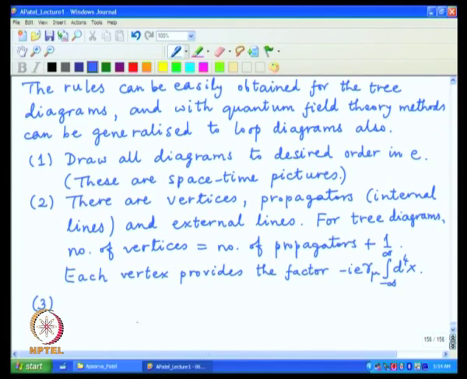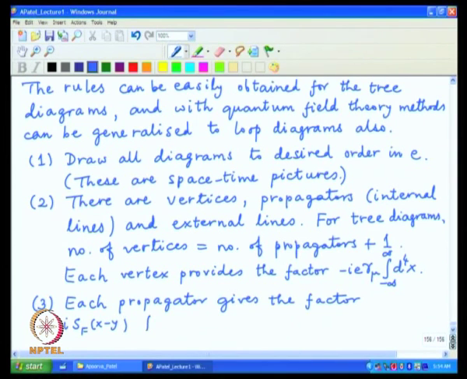We have seen both type of the propagators corresponding to the fermion or the photon, and so each propagator gives the factor i S_F(x minus y).